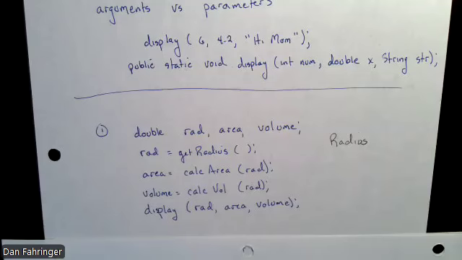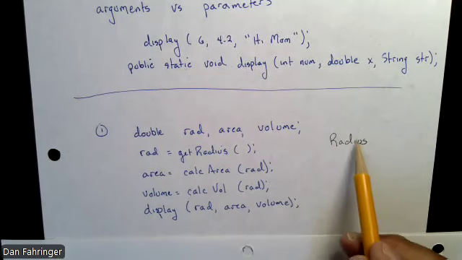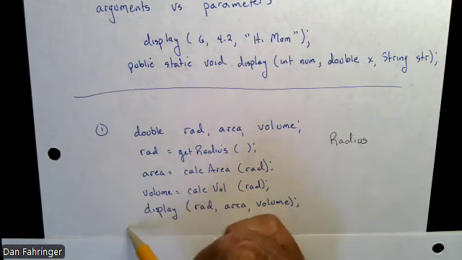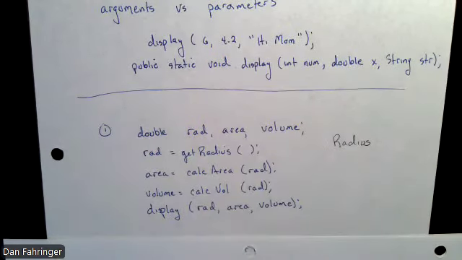So the only major important piece of input is going to be radius. All right, rad's an okay name. That's pretty descriptive. But once I know the radius, I can go from there. So this is going to be like the main of our program.